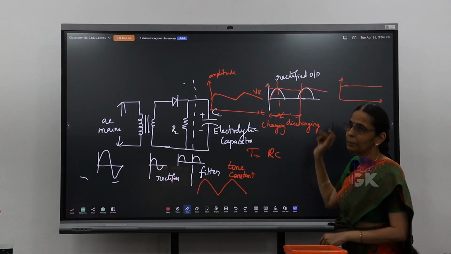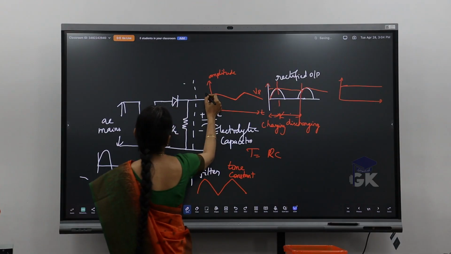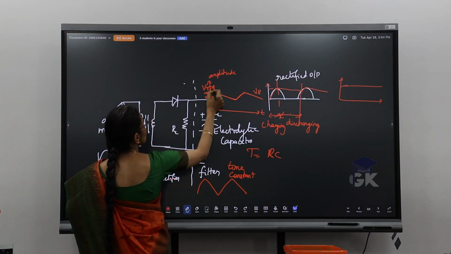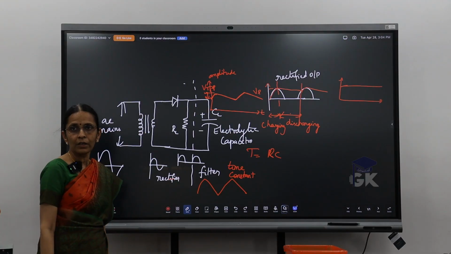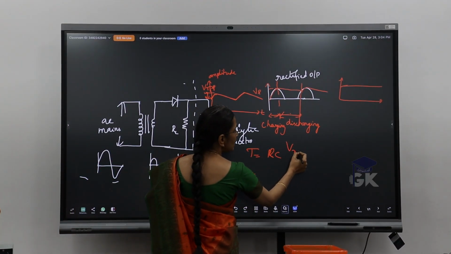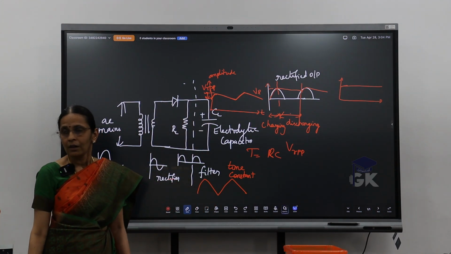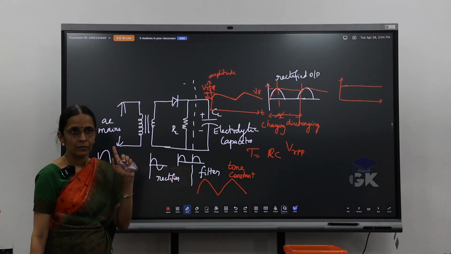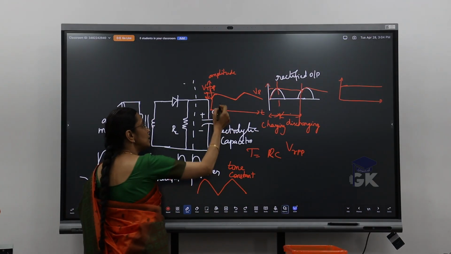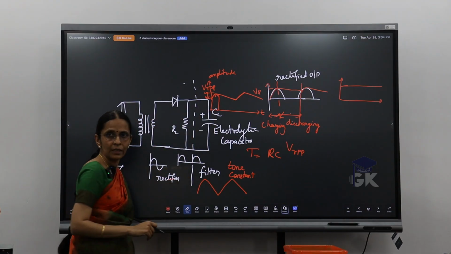There is a ripple component present, which we call the ripple peak to peak. Here VR stands for my ripple peak to peak value. Clear with this? It's not a pure DC, but of course, compared to what was there earlier, it's better. From the ground level, this much of DC component is there.